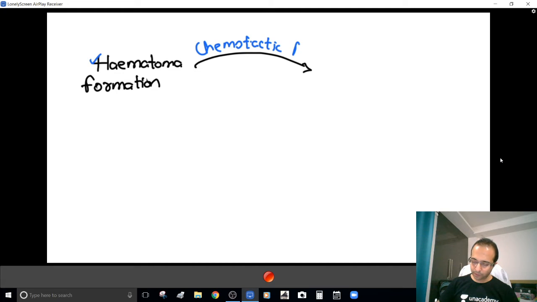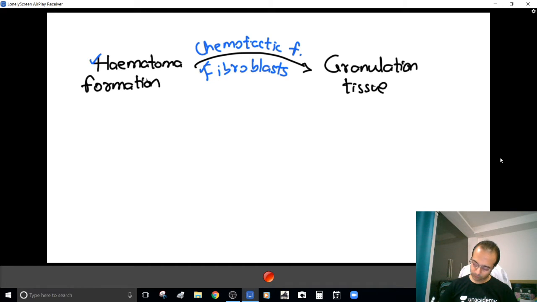These chemotactic factors invite in the fibroblasts, which chip in from the periosteum. And once fibroblasts penetrate this hematoma, the hematoma is now better called granulation tissue.